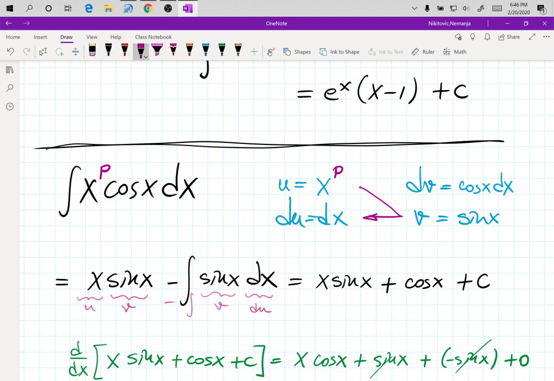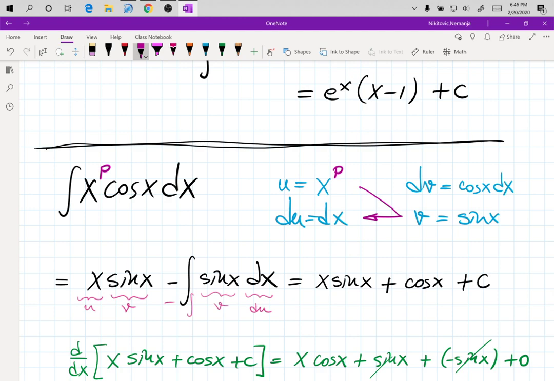Therefore, if that is x to the 4 cosine x right there, you are going to do 4 integrations by parts to kill that x to get to the part where you can just integrate a single trig function and be done, right?